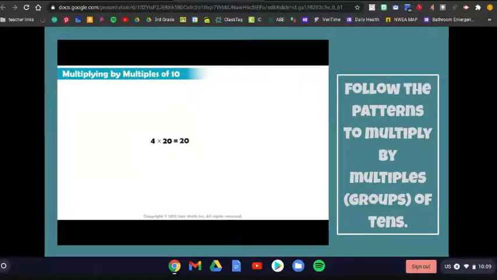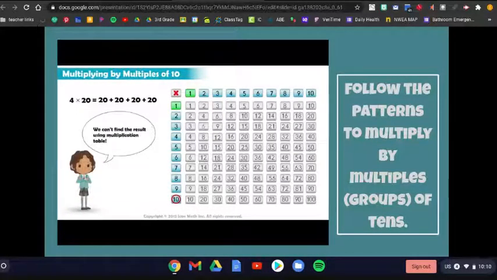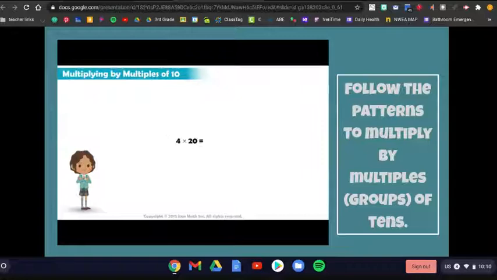You can add 20 4 times, which might take time. Our multiplication table goes only up to 10, so we can't find the result simply by looking up the table. What should we do?